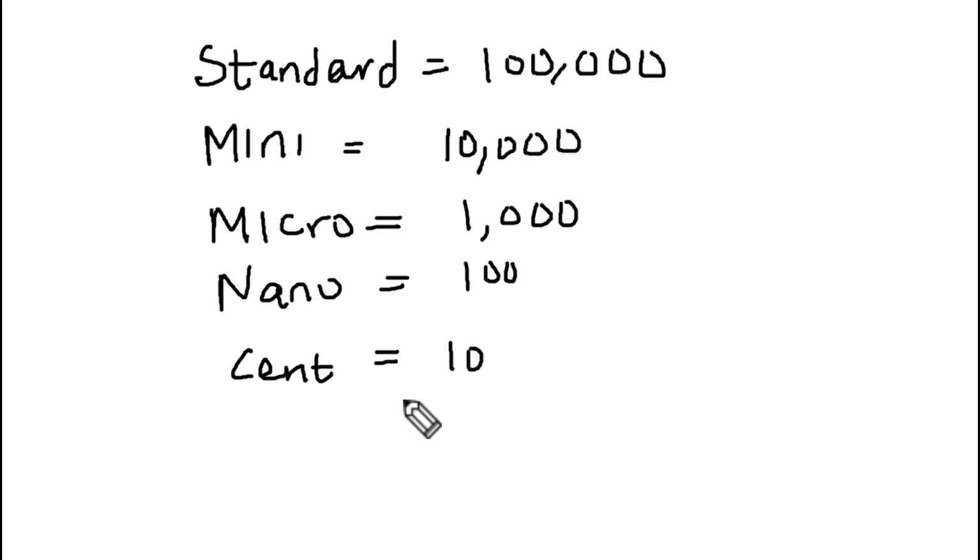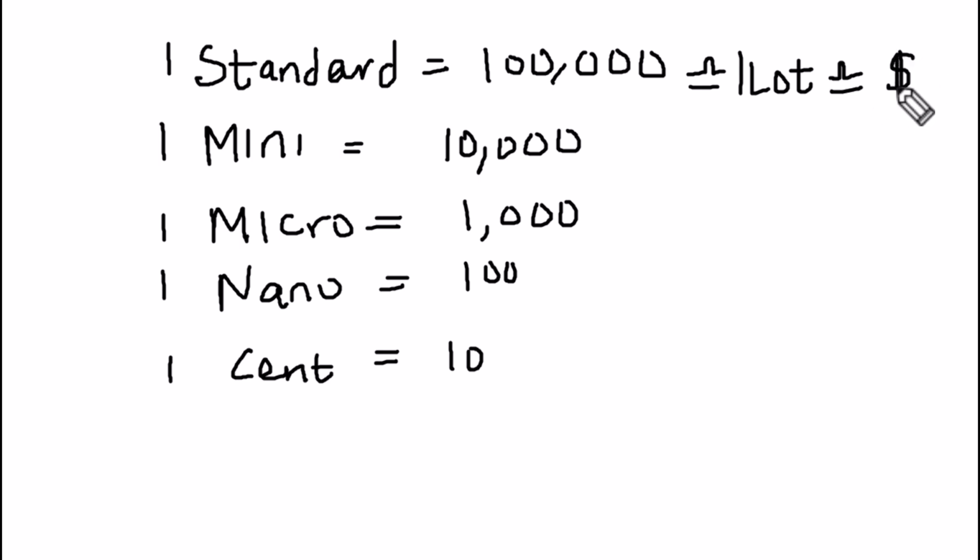Now you can see, if you are operating a one standard lot size account, it means on one pip move, you have what? $10.